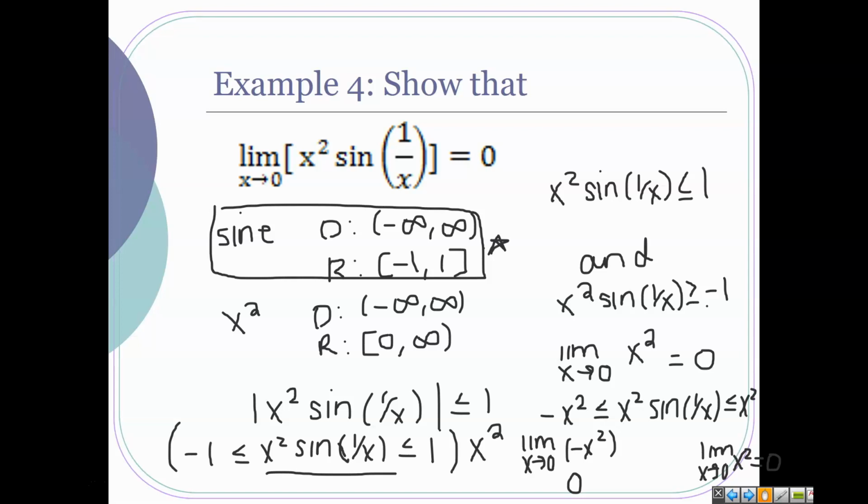Because it has to live between negative x squared and x squared, the limit as x approaches 0 of x squared sine 1 over x is also 0. So essentially what the squeeze theorem says is the range of the function that's undefined will determine the bounds.